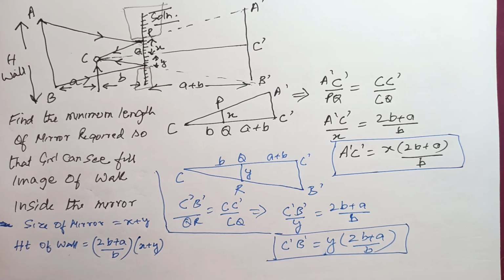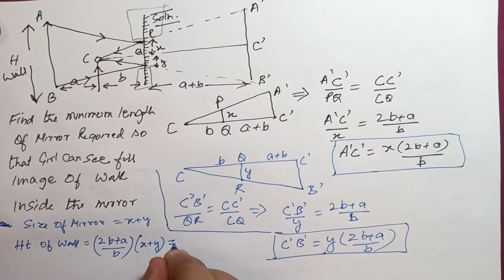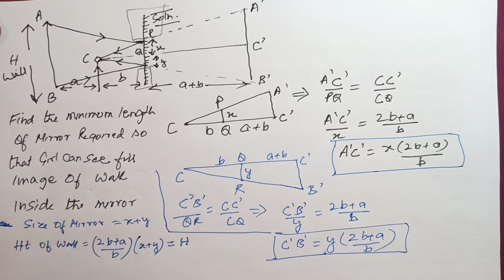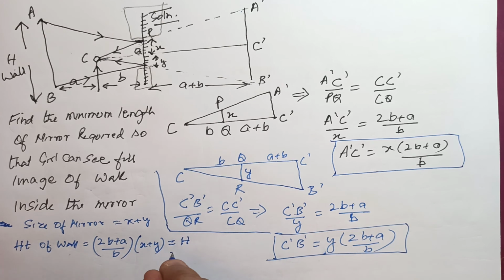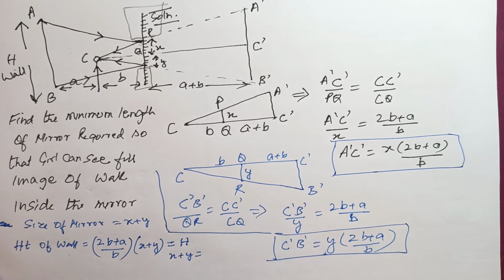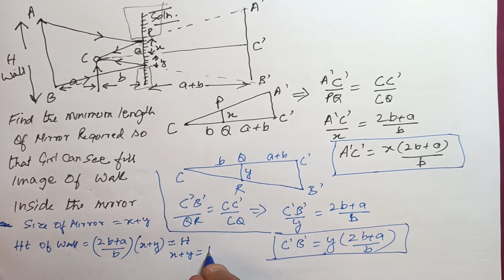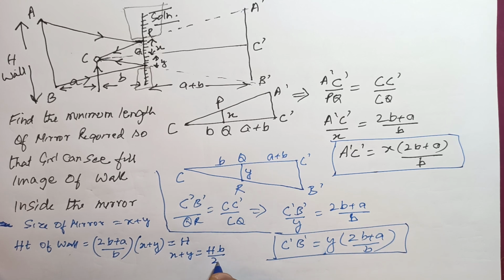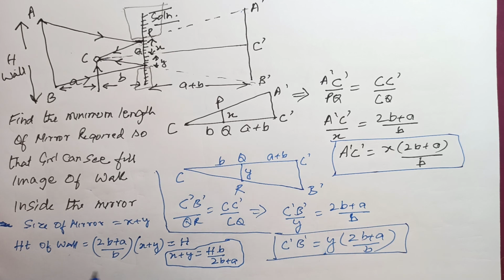Correct? Hence, right? So I can say this is equal to h, or I can say x plus y is equal to, this numerator will come here, h b by 2b plus a, and this is what we want.